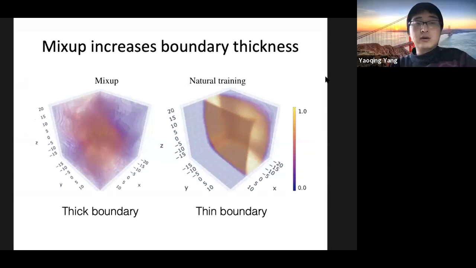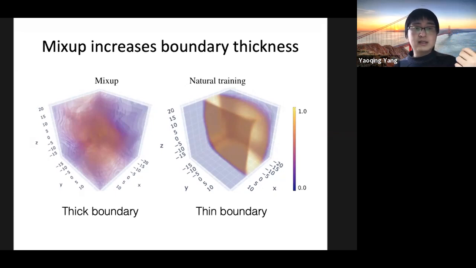Basically, the way that I'm plotting this figure is that I first choose one sample, and then I choose three different directions, and I plot the prediction values of this function on these three directions. Then you see a decision boundary on the right because this direction actually crosses the decision boundary. So you can see that the function changes from one to the other.